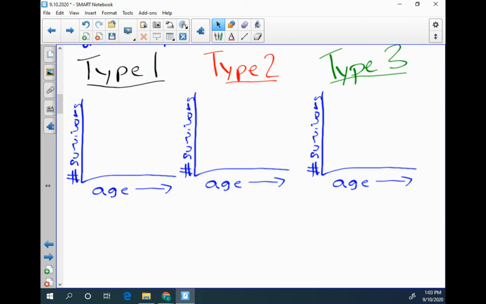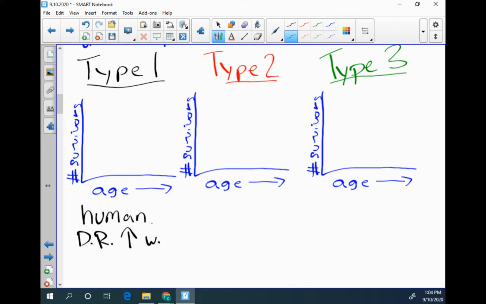All right. So we've got our 3 types of survivorship curves. The first one, our type 1 survivorship curve, is like humans. We have a type 1 survivorship curve, meaning that mortality, so death rate, increases with age.